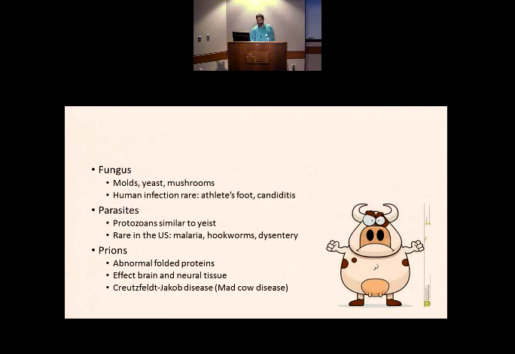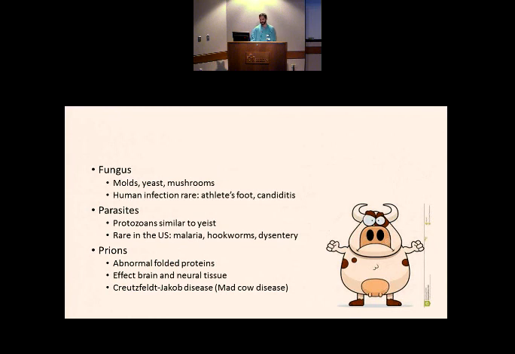Other pathogens: fungus or molds, yeasts, mushrooms. Human infection in these is rare. They're usually only in immunocompromised people, which we do see a fair share of here. Parasites, protozoans, are similar to yeast, and really rare in the U.S. They mainly cause malaria, dysentery, hookworms, those kinds of infections.